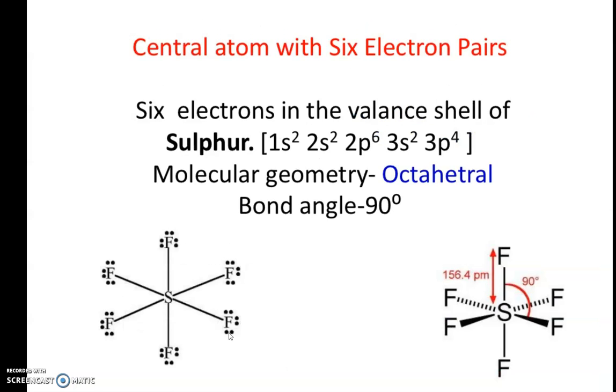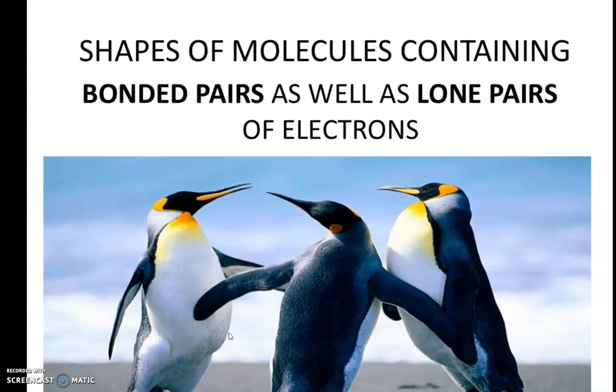If the central atom has 6 electron pairs, for example SF6, it shows octahedral geometry and the bond angle is 90 degree. We discussed only bond pairs of electrons.